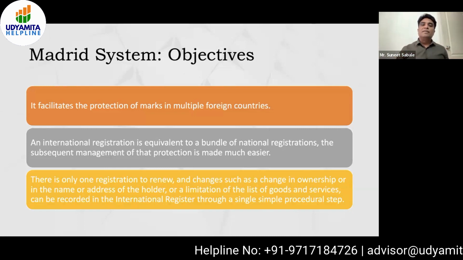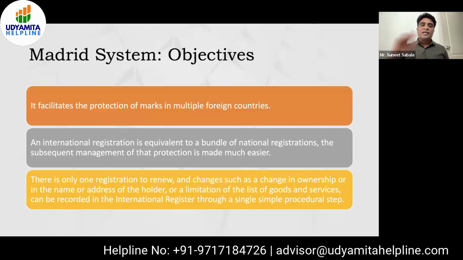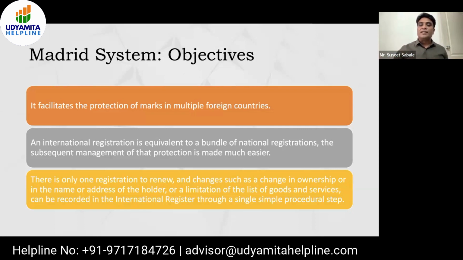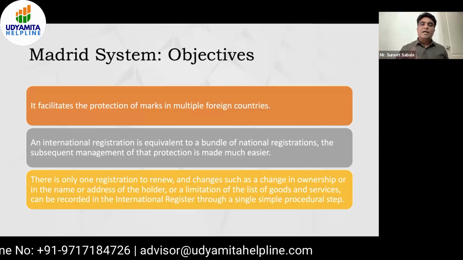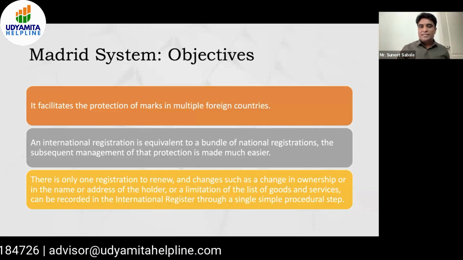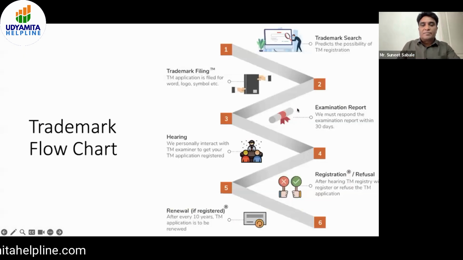One single application, file it. If there is an examination, you have to hire a local attorney. Otherwise, there is no need. The central application can be directly granted as well. So this is one system that you can use to reduce cost on foreign filings. This is called the Madrid system. Otherwise, you need to file your trademark individually in every country.